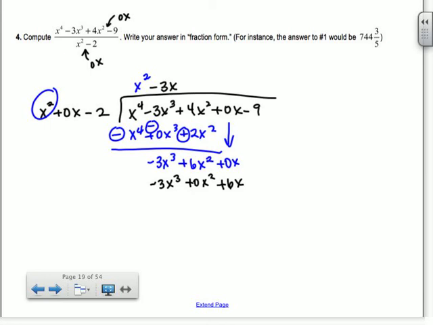Notice how my degrees went from x squared to x to the first. I'm going to have a number, and then I'll have my remainder. Okay, so draw the line, change the signs, plus, minus, minus. Add straight down. So my 3x cubes cancel. I have 6x squared minus 6x.